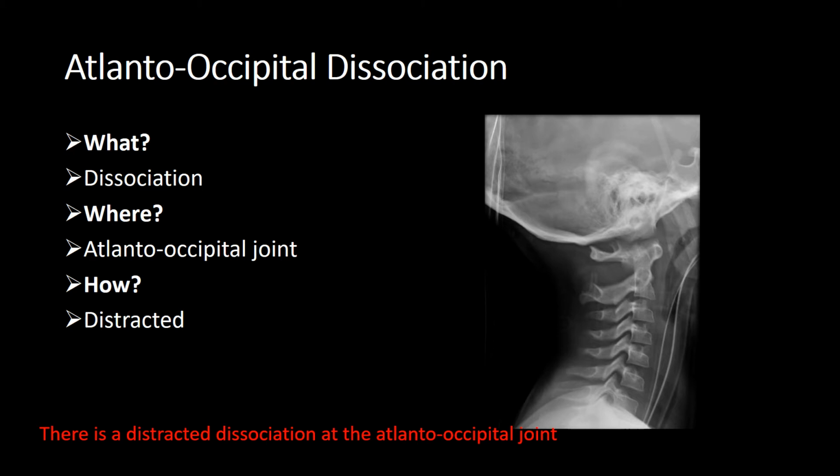So what is this? It's disassociation, where the atlanto-occipital joint is distracted. We can see that the occiput is distracted from C1.